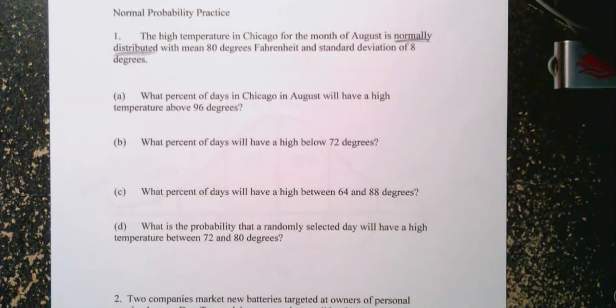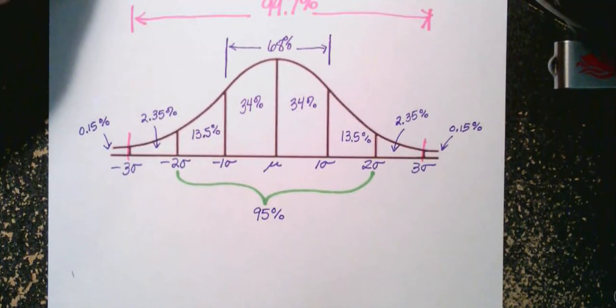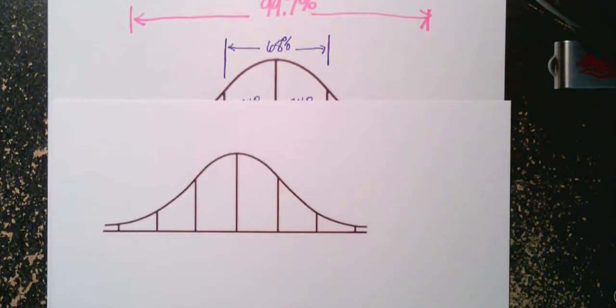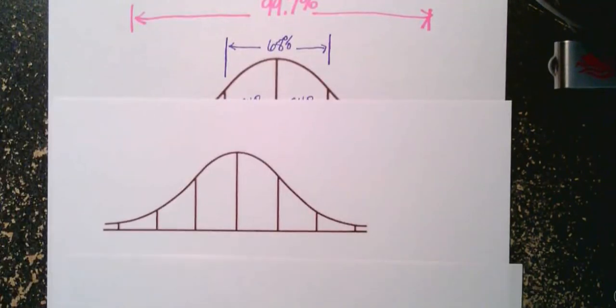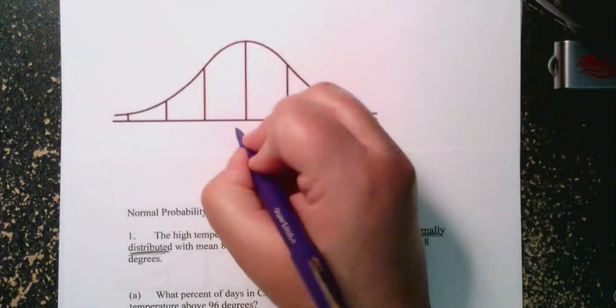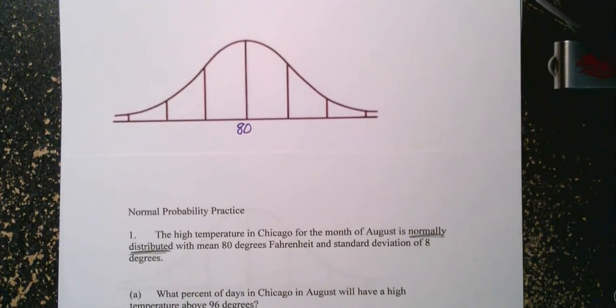So I'm going to draw my normal curve. I'm going to take that mean temperature, 80 degrees Fahrenheit, and say 80 goes right here. That's where my mean is. And my standard deviation is 8 degrees.